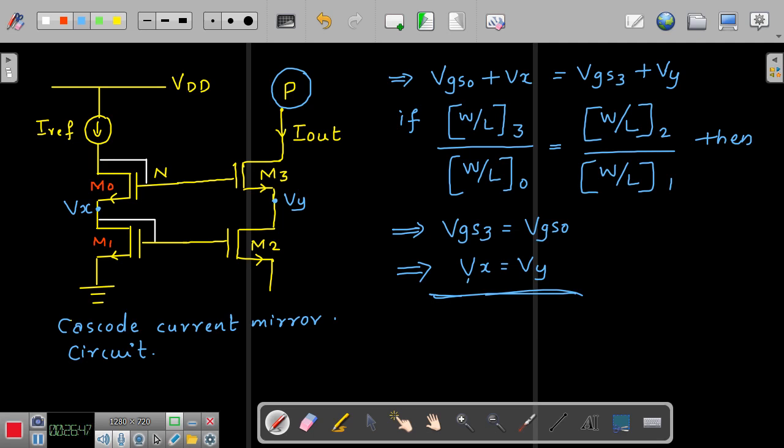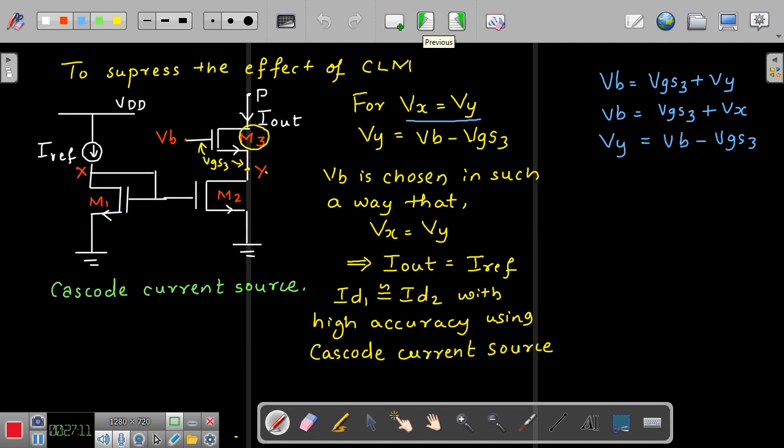So if the ratio of the third transistor to the zeroth transistor in terms of its physical parameters is chosen equal to the ratio of W by L of the second and first transistor, then it is possible for us to have VGS3 equal to VGS0, which will make my Vx equal to Vy. So when my Vx is equal to Vy, that is where I had started with. So my I out becomes exactly equal to I reference.